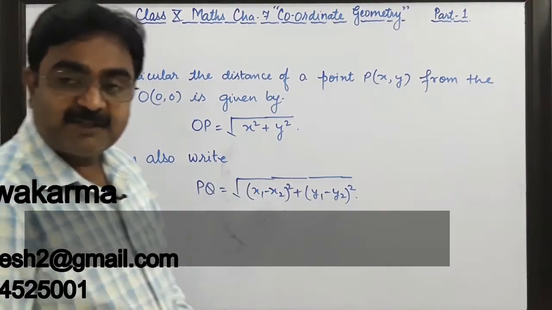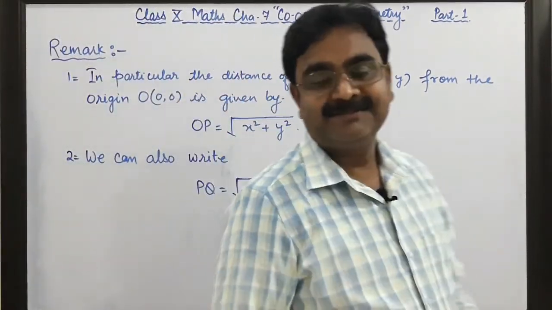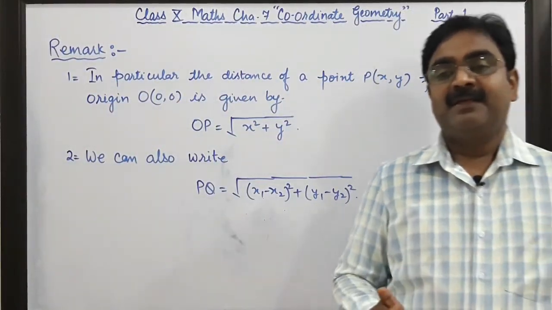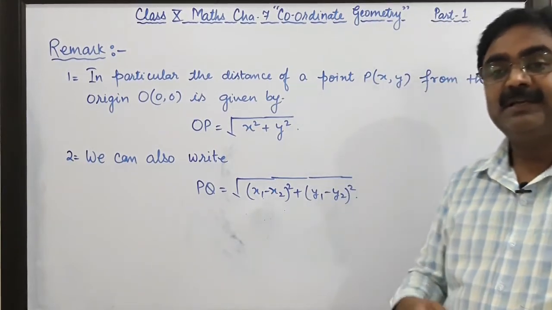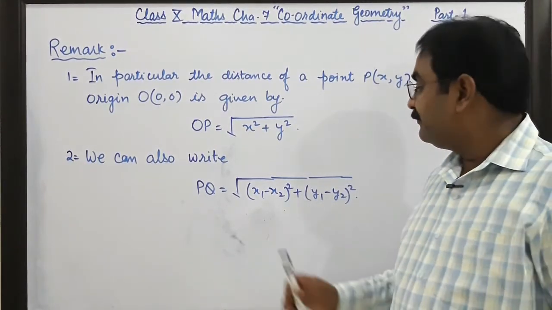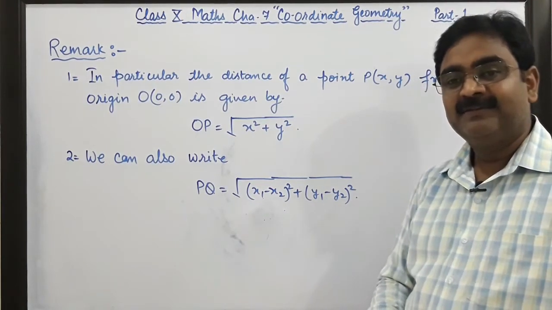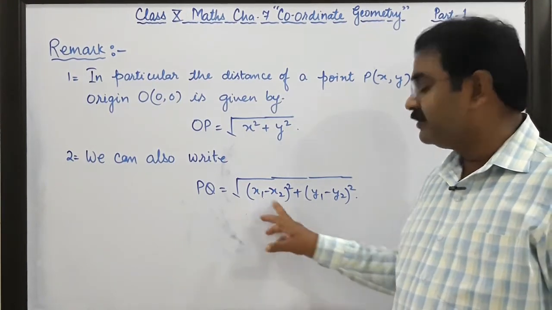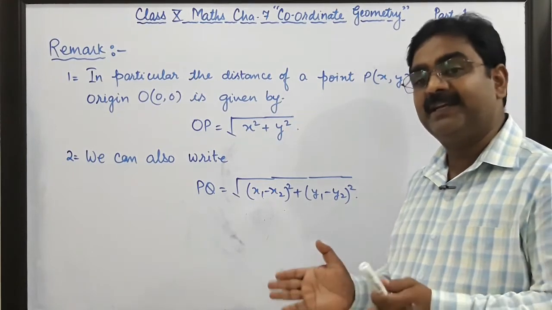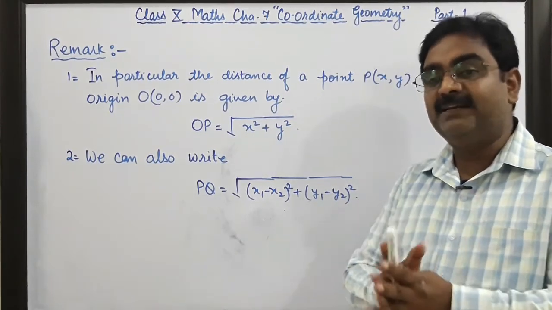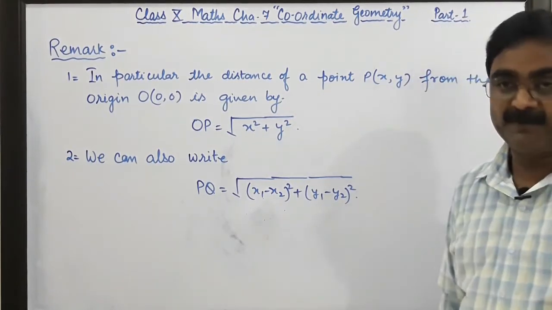There in your textbook it is given. Why? Reason. The reason is that if you are writing x2 minus x1 and x1 minus x2, why are both right? Because of the square of this number.